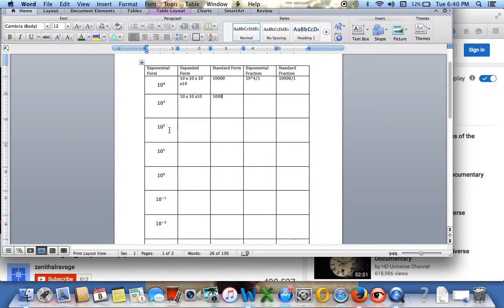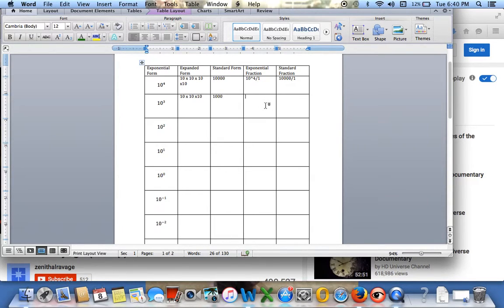Okay? So it's basically saying 1 times 10 to the 3rd power, or 1,000, is the same thing. So if I have $2,000, I could write it as 2,000, or I could write it as 2 times 10 to the 3rd power. Because it's basically saying I'm taking 2 and I'm going to multiply it by 1,000. That's what's happening there.